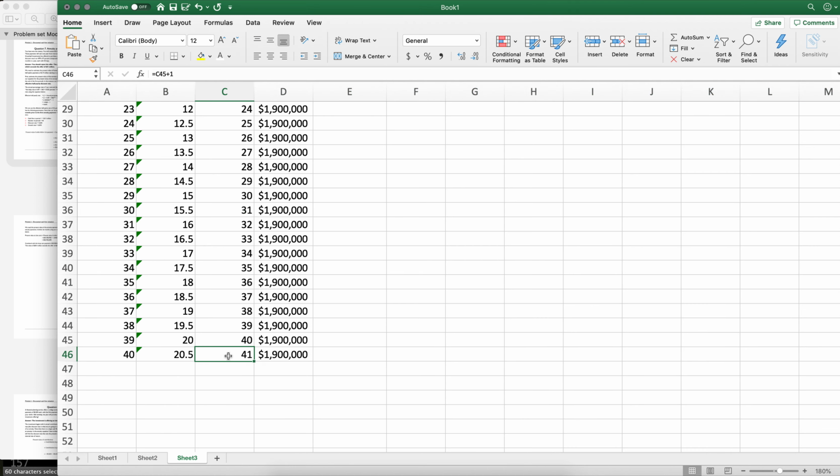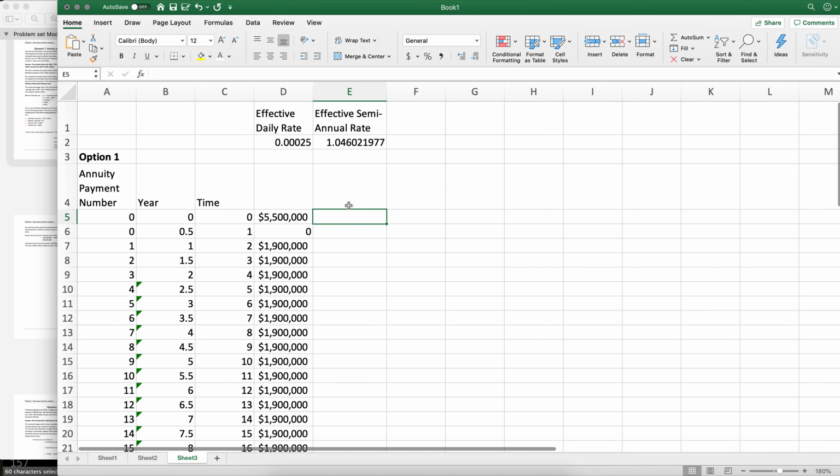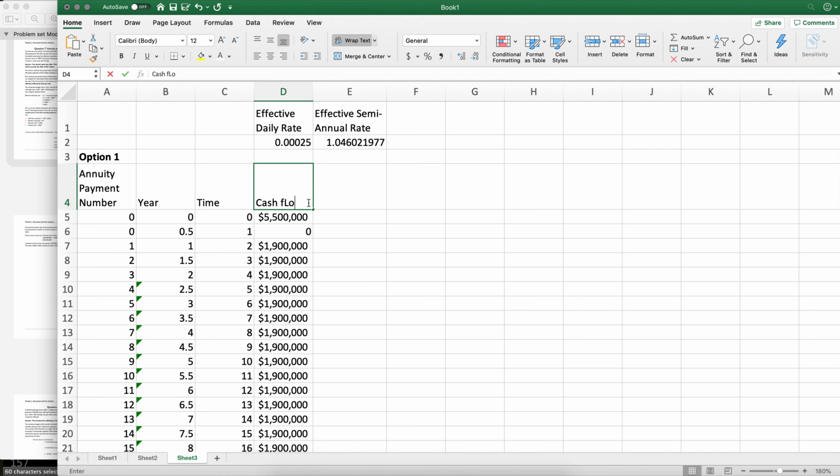Okay, so at time 41, at 41 6-month intervals in, or 20.5 years into the lottery payment, I get my final payment of 1.9 million. The last thing that's left is to take the present value of the cash flows and then to get the NPV by summing them.